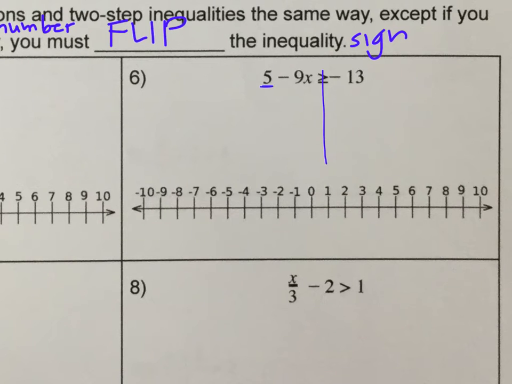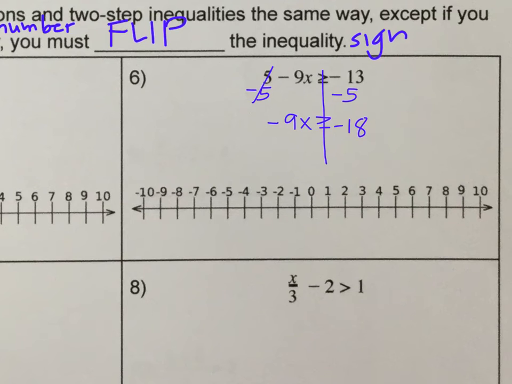All right, let's look at number 6. My like terms are a 5 and a negative 13. So I need to move that 5 away. He's a positive 5, so I need to subtract 5. Negative 13 minus 5 is negative 18, and I've got my negative 9x greater than or equal to negative 18.